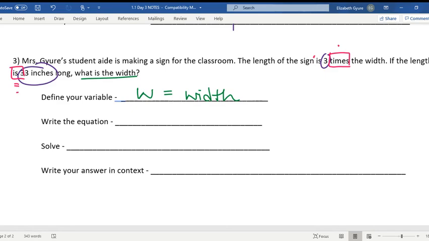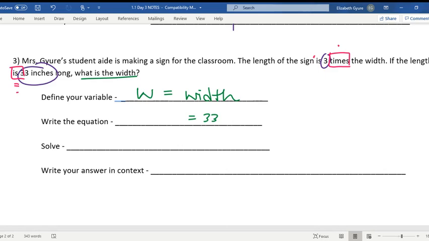Again, if you get confused about it, well, I don't know exactly what has to go in the front. We know we have this little part there that says is 33, right? So what's our equation gonna have to equal? 33. So we know it's gonna equal 33. Sometimes it's easier to start with the end, right? And then fill in the front. Well, we have the length of the sign is 3 times the width.